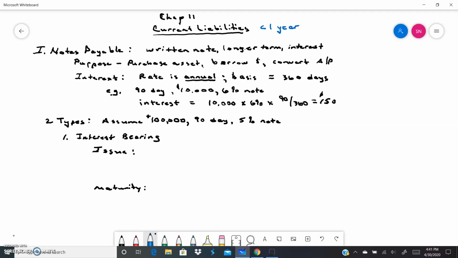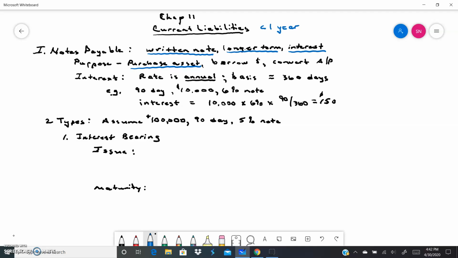Notes payable are typically written notes, so it's a more formal written arrangement. They're typically a little bit longer term, so they're going to run usually more than 30 days, but again, less than a year. And they typically involve the payment of interest. The purpose of notes payable, and the way that they usually arise, is the purchase of an asset. For instance, a lot of you have maybe had some experience purchasing an automobile.